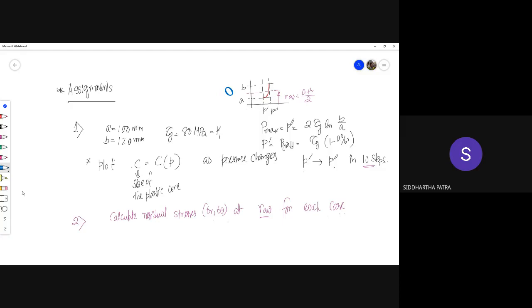As long as C is smaller than R average, you would probably develop one type of residual stress, positive or negative. Once it goes past R average, you will be developing the other type of residual stress. This time the sign changed. So I need you to do both the calculations.